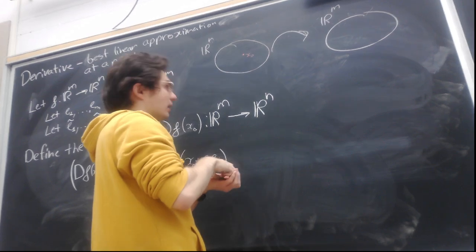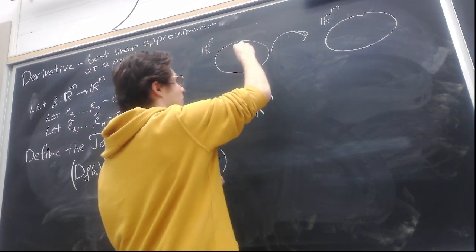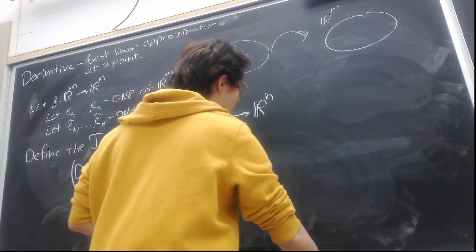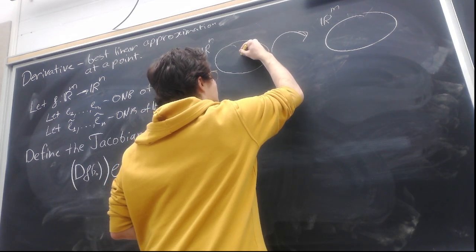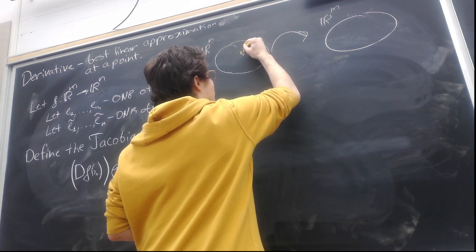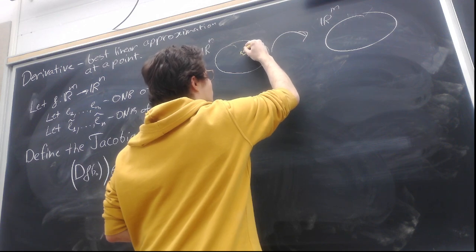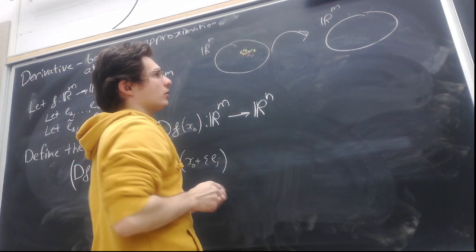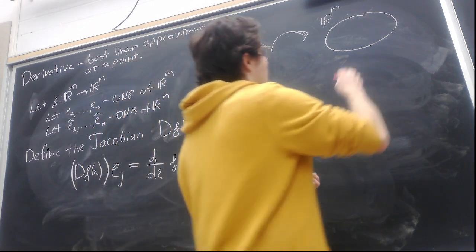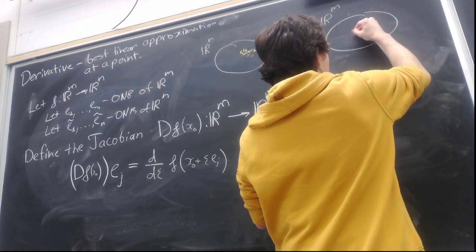And suppose this is two-dimensional, so I'll be drawing it as two-dimensional. Suppose I choose ei kind of going here, and then e1 going here, and e2 going this way, right? And they're orthogonal, they're 90 degrees between each other, right? And I have the point f of x naught here.